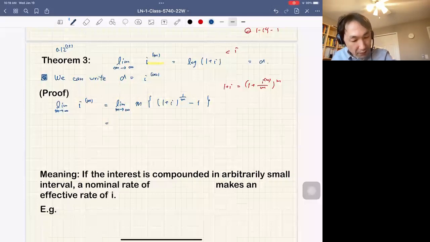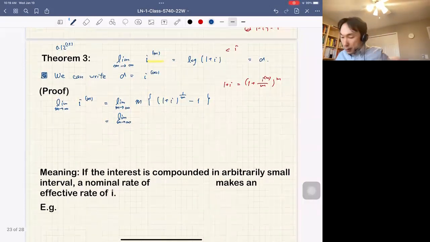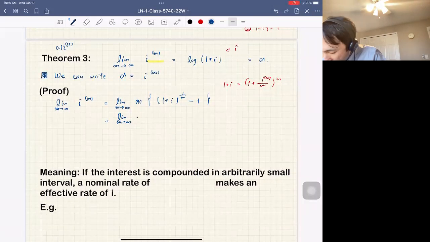Okay, so then what's this? We move this m to the denominator, with the limit as m goes to infinity. The numerator is the same as the inside of the brace: 1 plus i to the power 1 over m, minus 1.